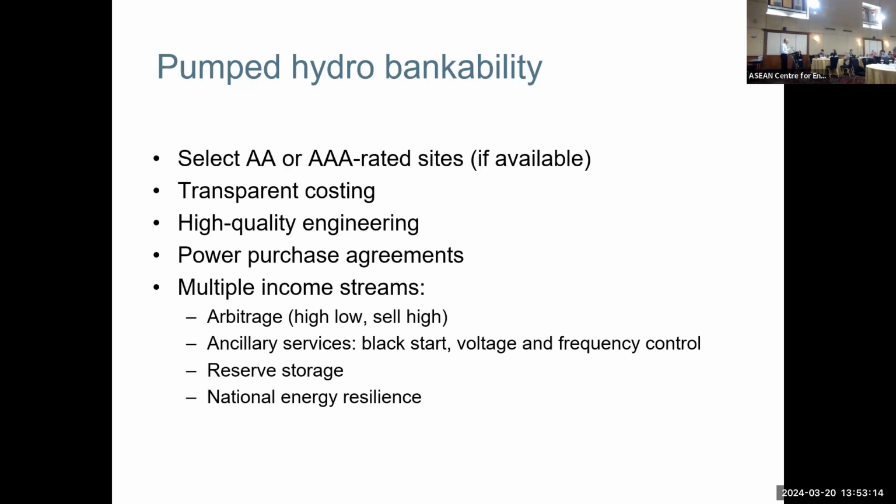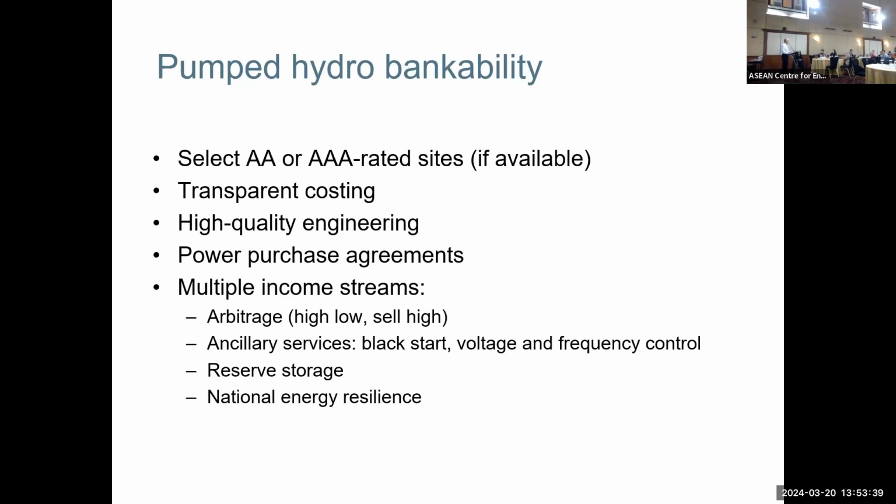So arbitrage is obviously one source of revenue. A second is ancillary services, and this market is just now starting to reach maturity in Australia. So that's black start in case the grid collapses, or it's frequency and voltage regulation in conjunction with batteries and grid forming inverters that provide synthetic inertia.